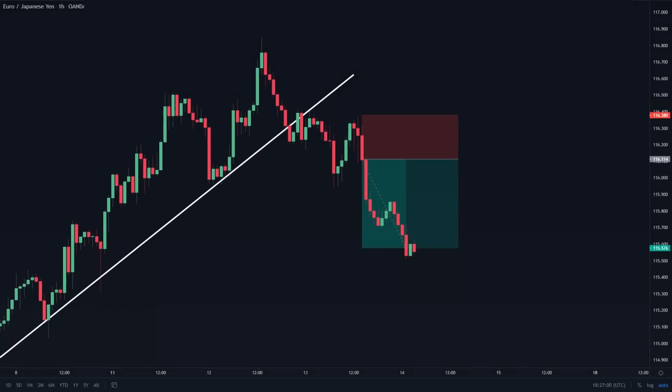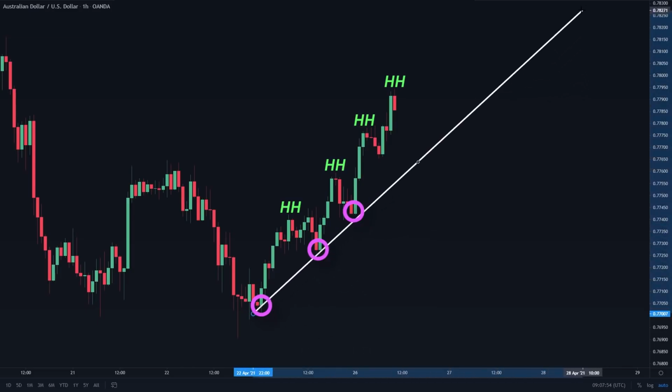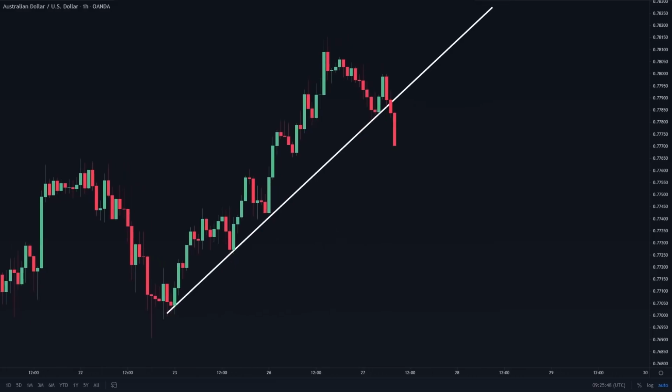Now let's look at other variations of this technique. So in this chart, we spotted a clear uptrend as price is forming higher highs, and below it, we have multiple rejections, meaning we can place an upwards trend line. Next, we can see the price failed to make higher highs and formed a lower highs instead, while also breaking the upwards trend line.